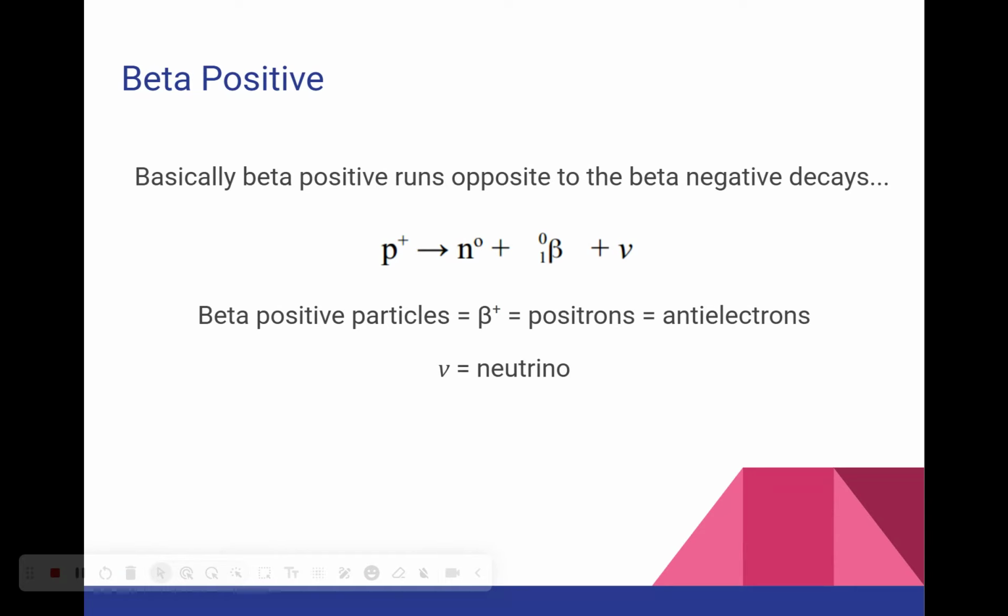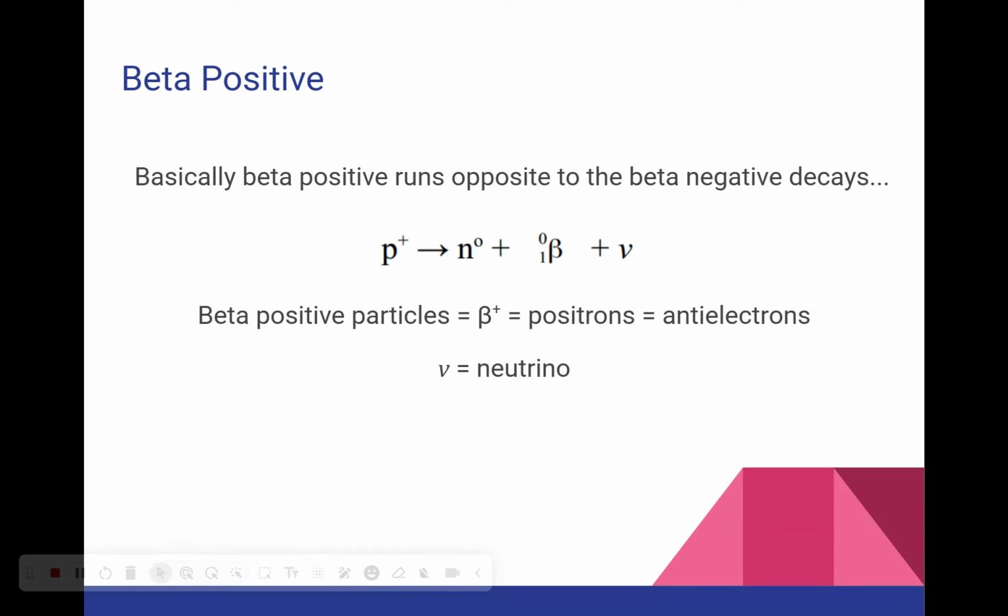Then there's beta positive decays. One thing I'll tell you is, when you're studying something like nuclear physics, as soon as you think you understand things, it'll throw you a curveball. So here, what we're seeing is a proton decaying into a neutron and 2 other particles, but the proton's lighter. Don't worry about it.